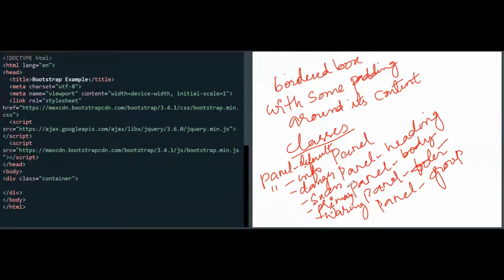So these are all the 6 contextual classes that are available which add color to your panel. These are all the classes that are available in the panel, and let us see how to use them and where to use them.